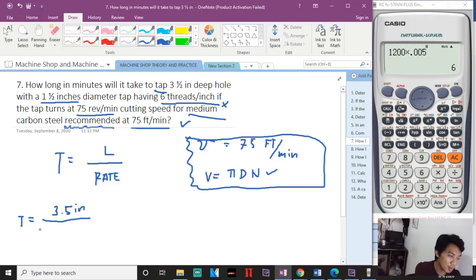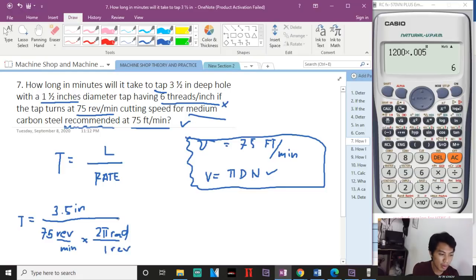So, the cutting speed is 75 revolutions per minute. I-multiply mo ng, kasi hindi to pwedeng makancel eh. Ano ba bang cancel dyan? Siyempre, yung may radian. So, 2 pi rad over 360 degrees. 2 pi rad is 1 rev. Okay.